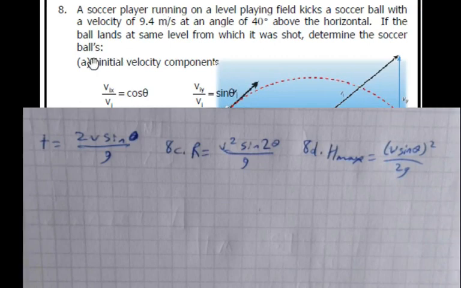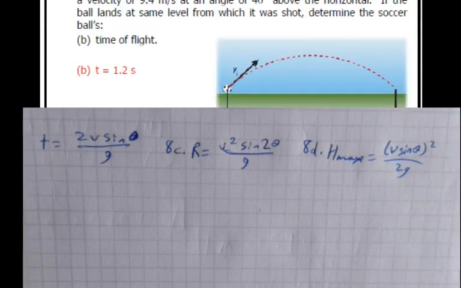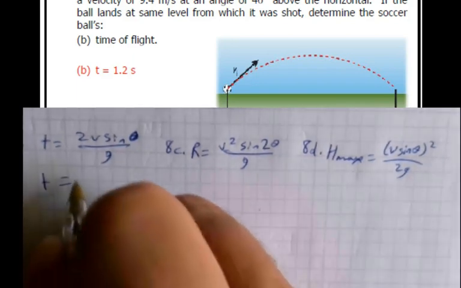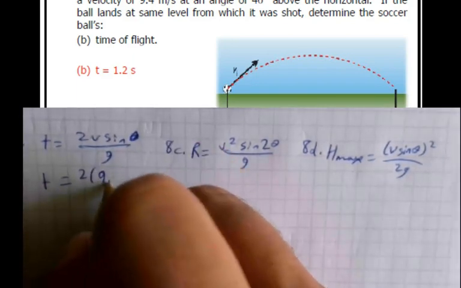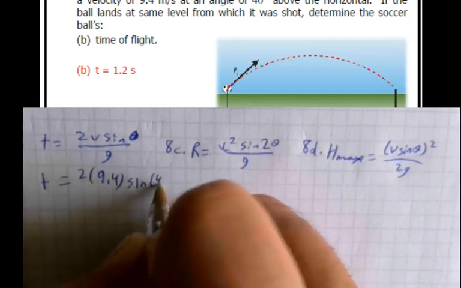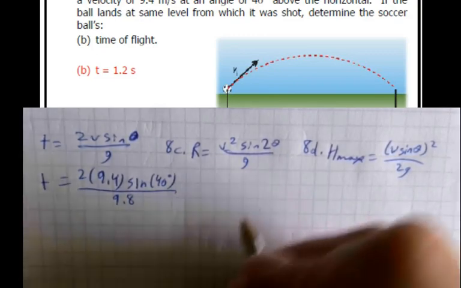From the problem, we know that we have a v of 9.4, an angle of 40. So t equals 2 times 9.4 sine of 40 degrees over 9.8.